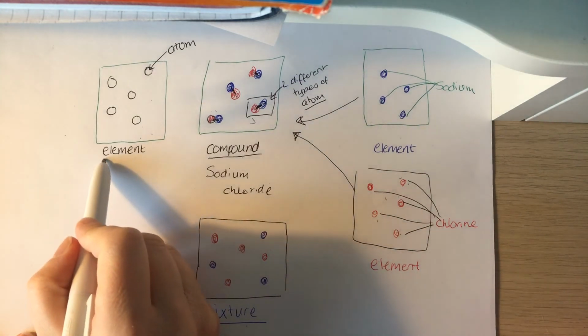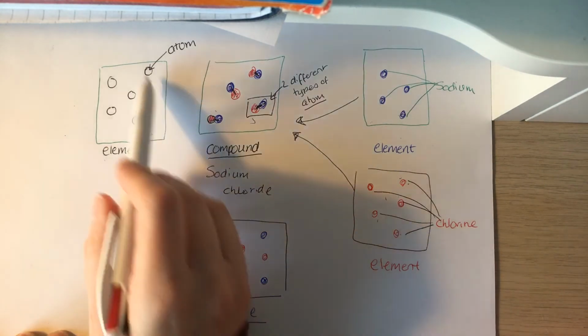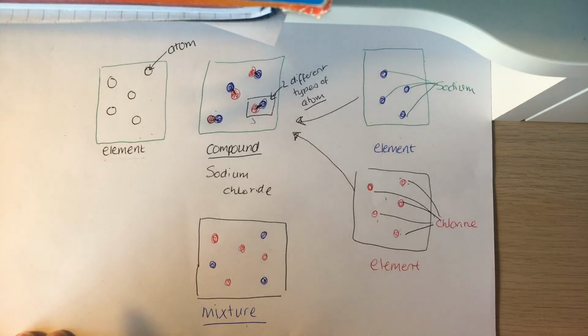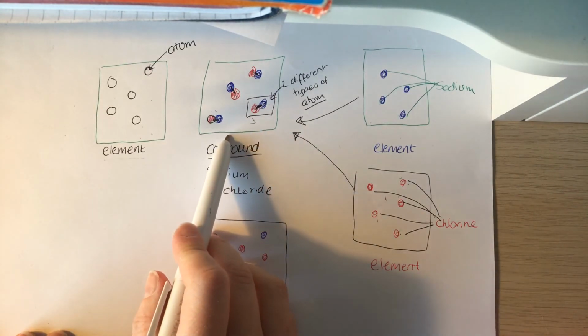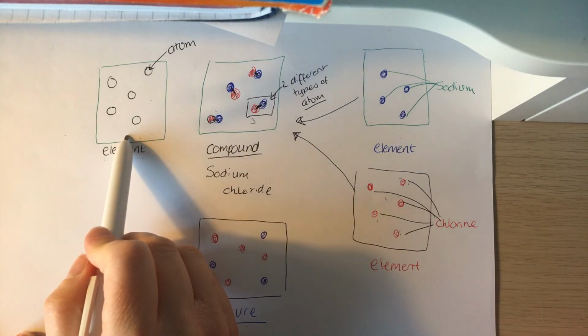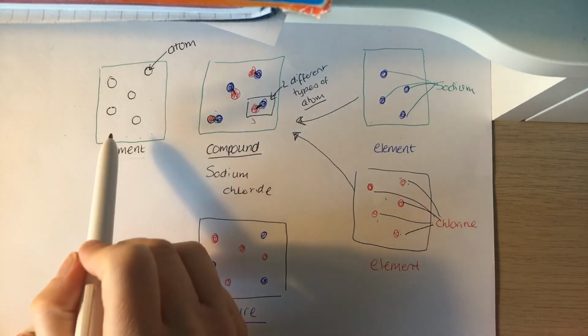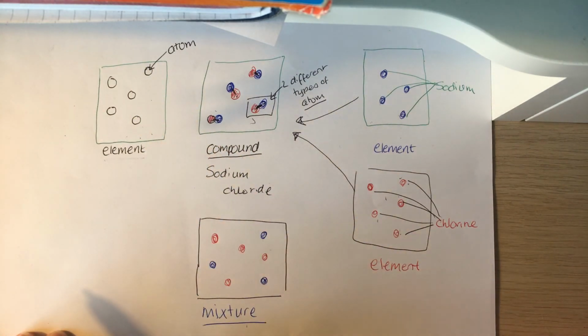Okay? Anything that's an element will be found on the periodic table. So pick anything off the periodic table and you can find it like this, where all of the atoms are exactly the same. If it's not on the periodic table, then it's a compound. So for example, hydrogen is on the periodic table. It exists as an element where all of the atoms are exactly the same. Oxygen is also an element. It exists where all of the atoms are exactly the same.